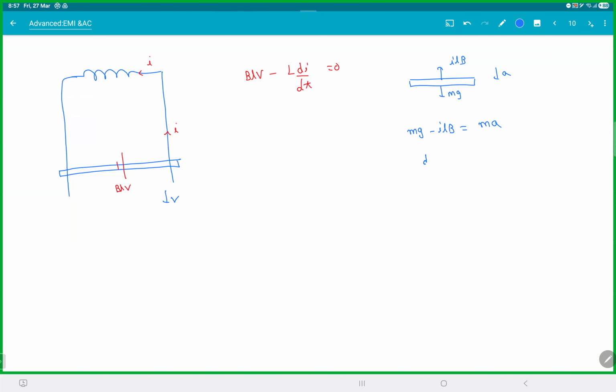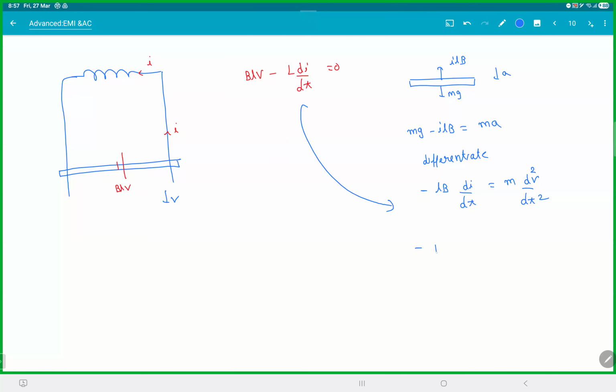Right? Differentiate. If I differentiate, this will be LB di by dt, and this would be m d, that's dv by dt, d square v by dt square. And I already know di by dt, take this and dump it here.